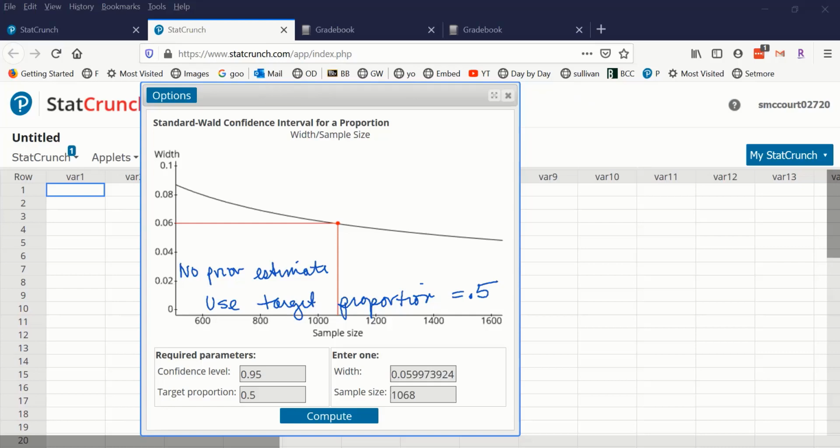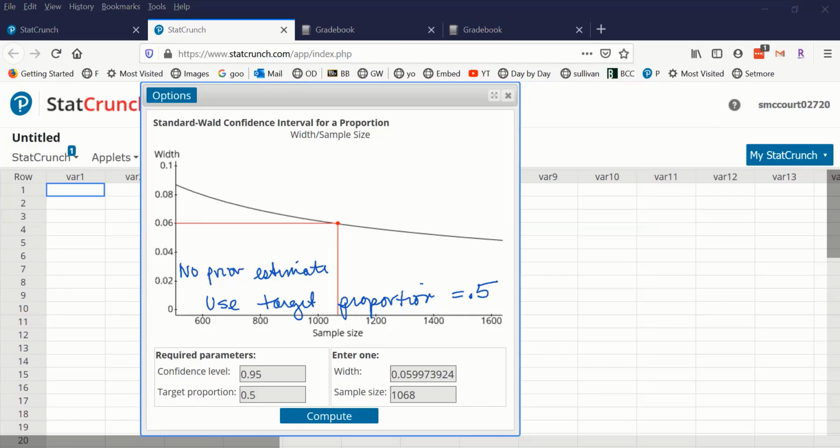Okay. So I'm going to go. I have a question on 3. On this one? Yeah. Okay. Where did you get the 0.06 from? Okay. So remember they told you they want to be within 3%. Yeah. Okay.